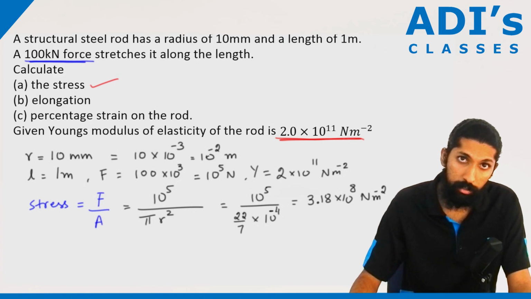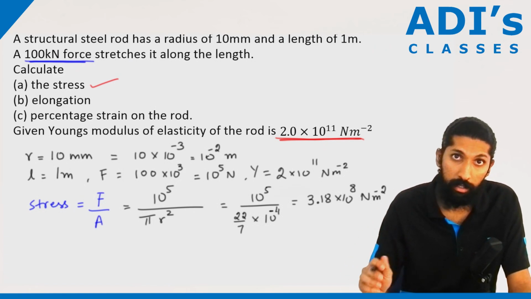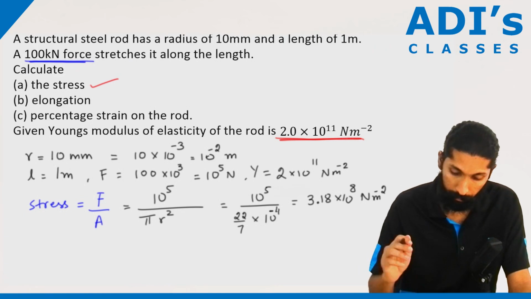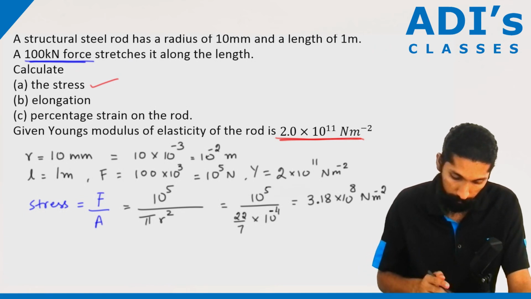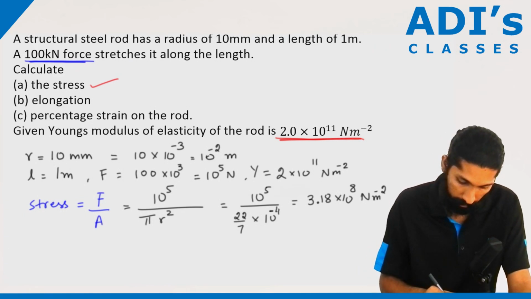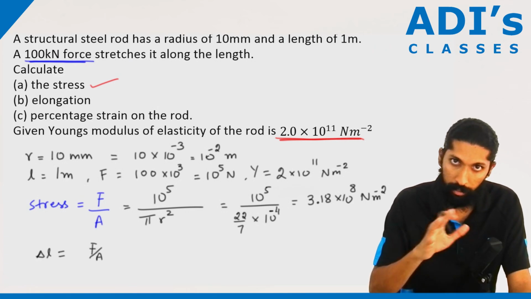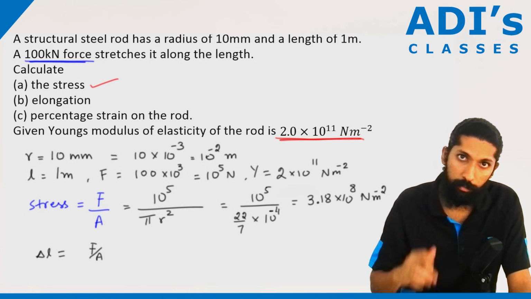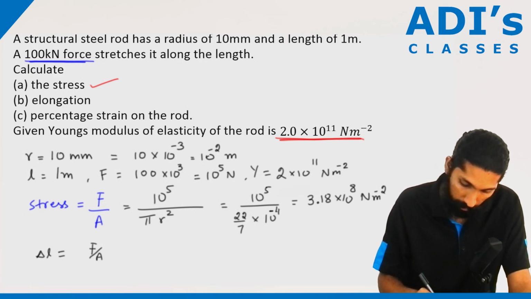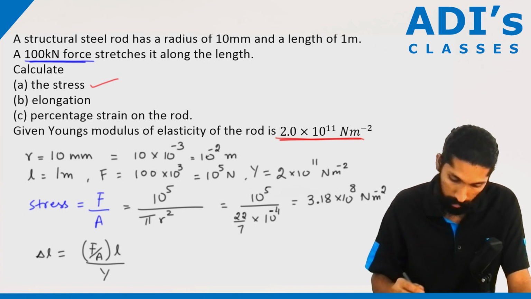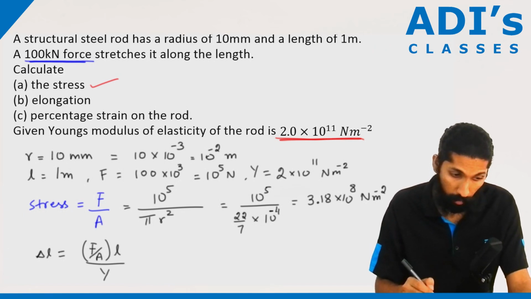Elongation is what? The delta L. In Young's modulus, that is the elongation. For that, delta L is equal to F by A into L divided by Y, because you transpose the Young's modulus formula. This is the formula. F by A you have already figured out.